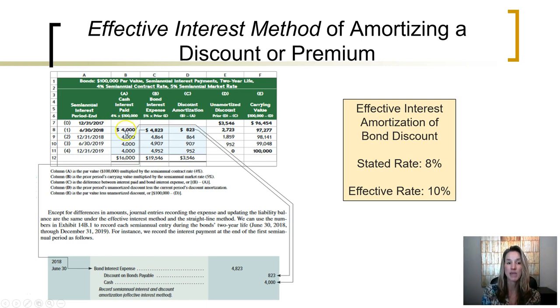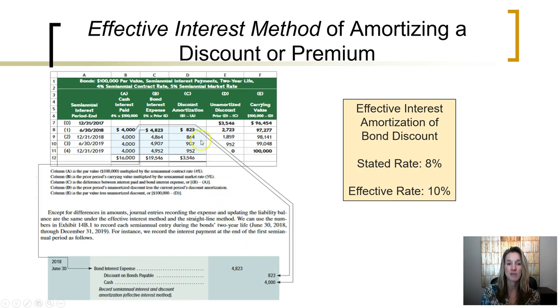So the cash paid to bondholders will be $4,000. Interest recorded is $4,823. The cash paid to the bondholders is $4,000. The difference between the interest expense that we calculate to record and the cash paid to bondholders of $823 will be the amount of the discount amortization.